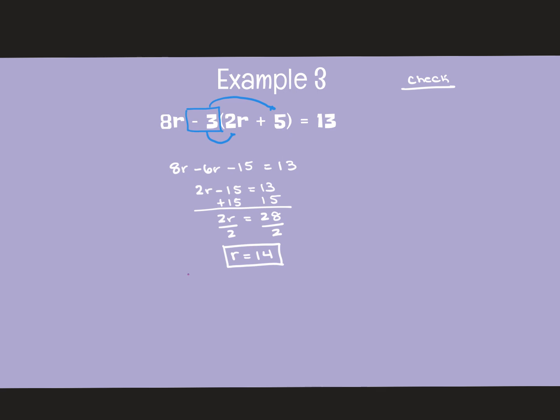Everywhere I see an r, I'm going to plug in 14, or I can use the simplified portion. Since we simplified it to 2r minus 15 equals 13, I can plug in 14 for r: 28 minus 15 equals 13. 13 equals 13. So r equals 14 is my solution.